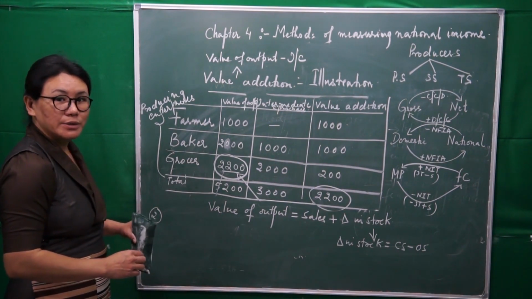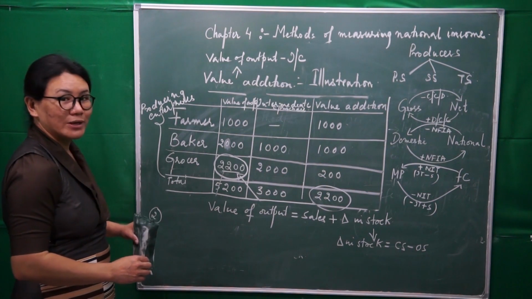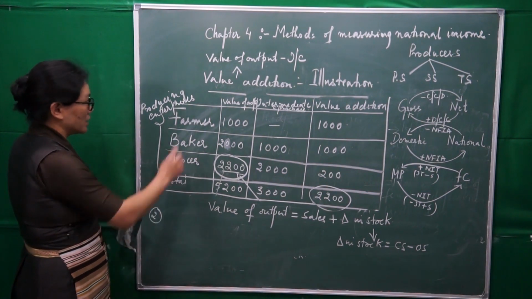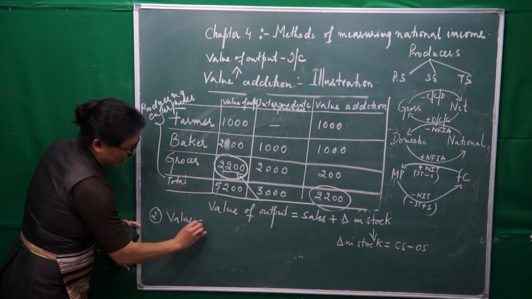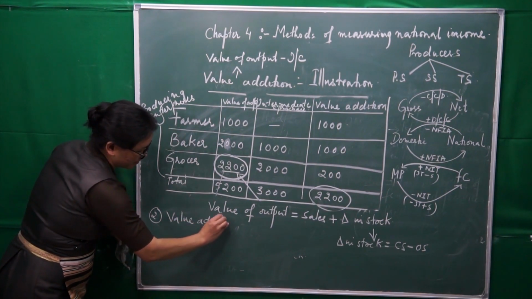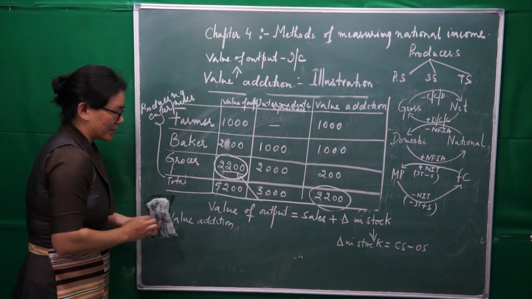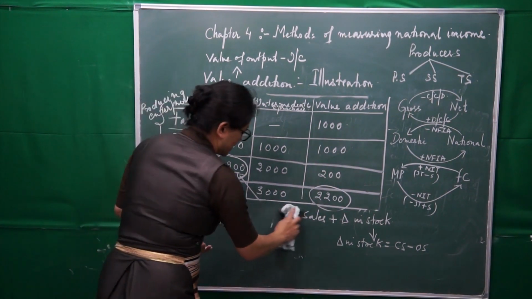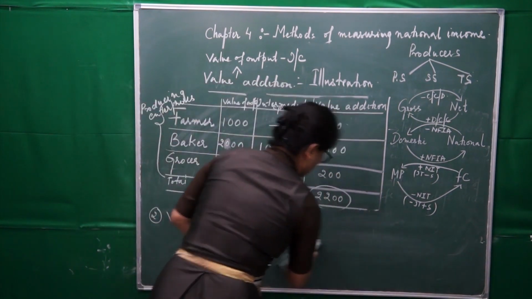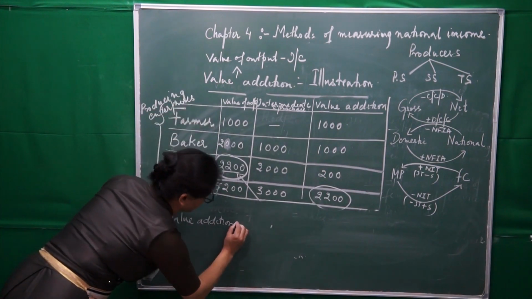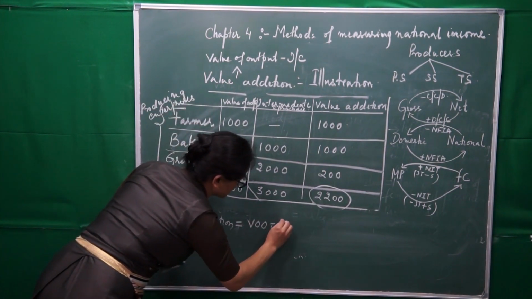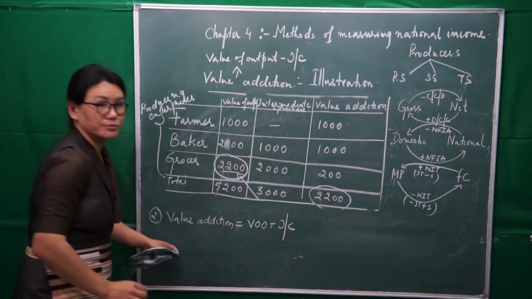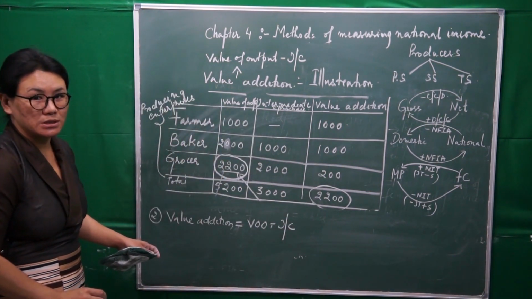the formula which you have to use in solving value addition problems. So see here, value addition is equal to value of output minus intermediate consumption. That is purchase.